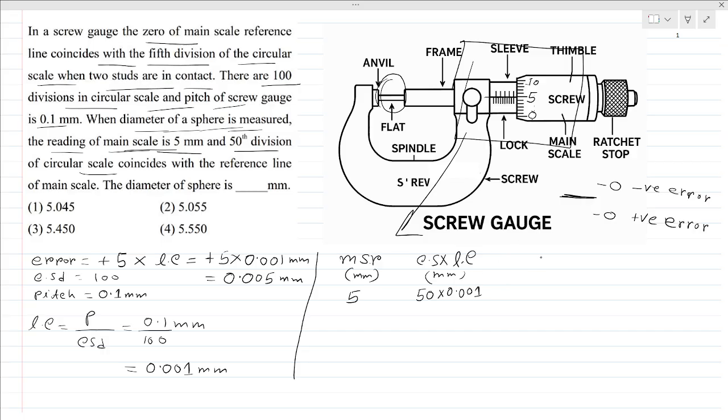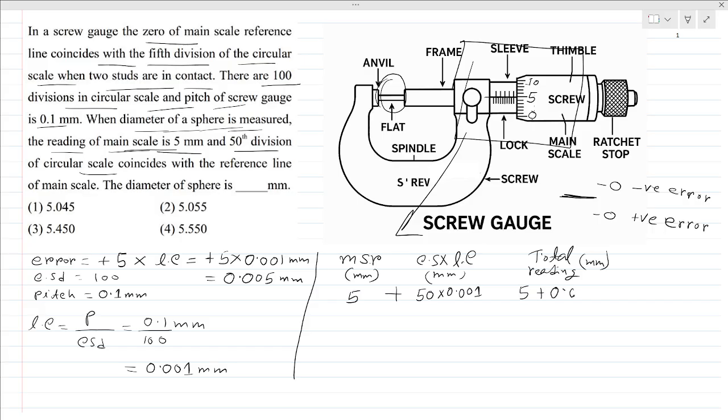Now the total reading will be nothing but the main scale reading plus the circular scale reading multiplied by the least count. So it will be 5 plus 0.050, and the total reading is also in millimeter. It is very important to write the unit here.